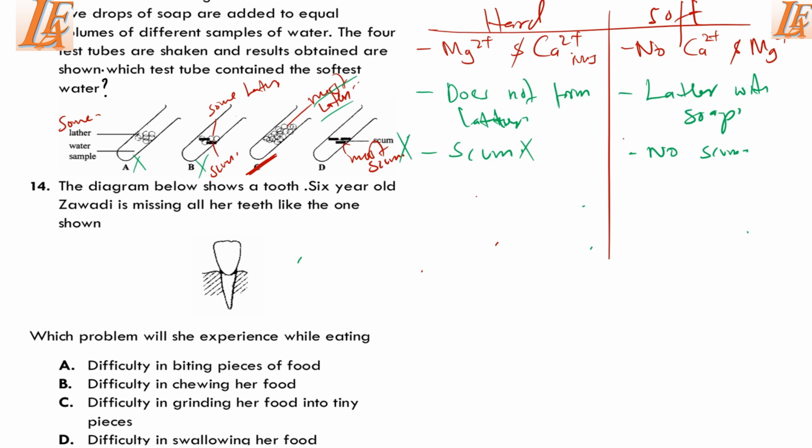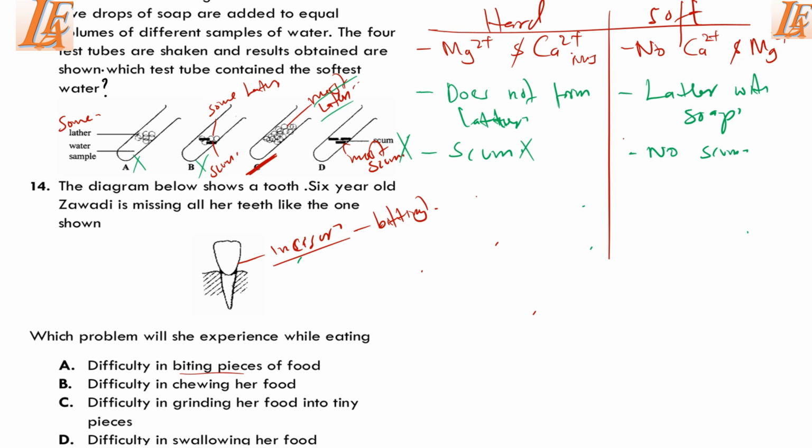Question 14. The diagram below shows a tooth. 6-year-old Zawadi is missing a tooth like the one shown. In this case, the function of the incisor is for biting. Now let's go to the question. Which problem will she experience while eating? A, difficulty in biting pieces of food.